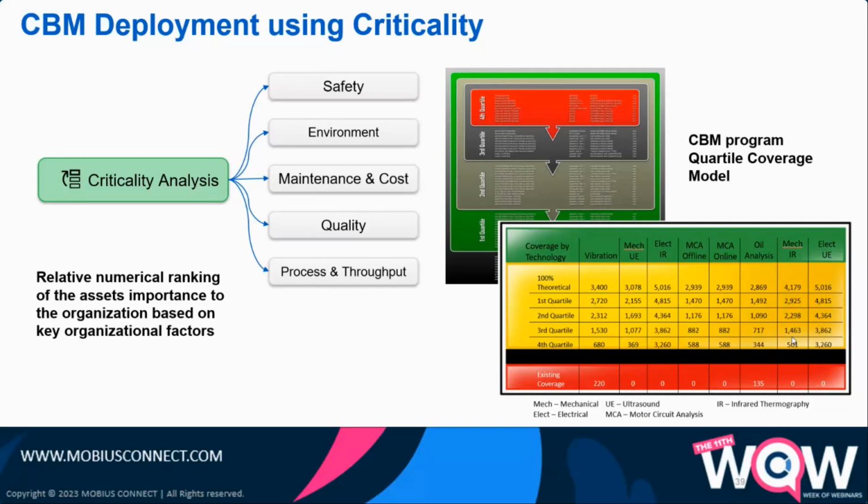And at that point, you're using less technologies on the lower critical assets, right? And all of these decision points are defined at the very beginning of your EMP, your equipment maintenance plan development: criticality cutoffs, technologies to be deployed, and so on, right? But this is a good strategy for deploying your condition monitoring program across your industrial facility.